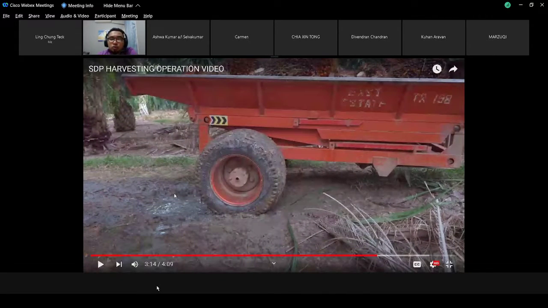This is also another issue when they use this kind of truck, because this truck is so heavy, and somehow it damages the terrain of the plantation. They don't want this in the future as well.